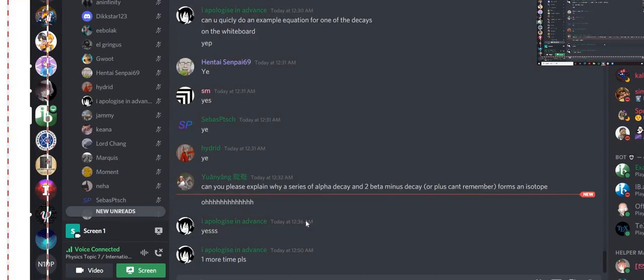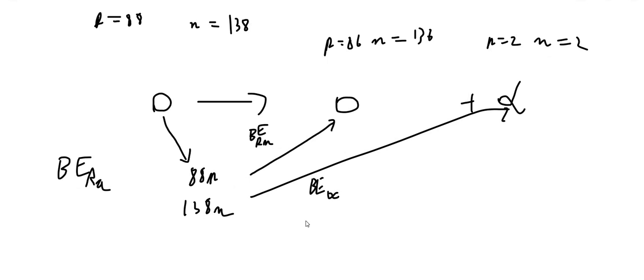One more time. Okay, no worries. Like I explained a little earlier, binding energy is the energy that is required in order to break apart a nucleus, or the energy that's released when a nucleus is formed.